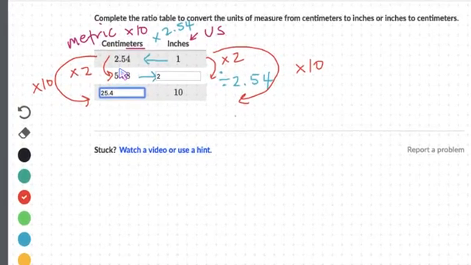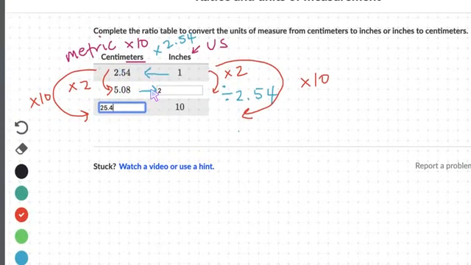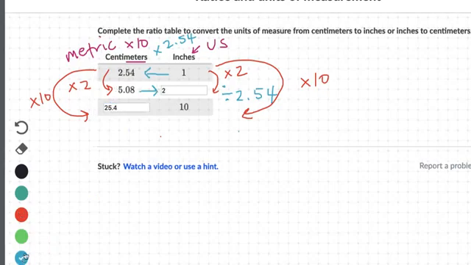The other method would be to use our multiplicative or divisive patterns. So we are going from inches to centimeters. If I were going from inches to centimeters, I've got to follow this relationship up here, because originally I multiplied the inches by 2.54 to get to the centimeters. So I'm going to do the same thing over here. And we actually did that same math, 10 times 2.54 over here, 10 times 2.54.